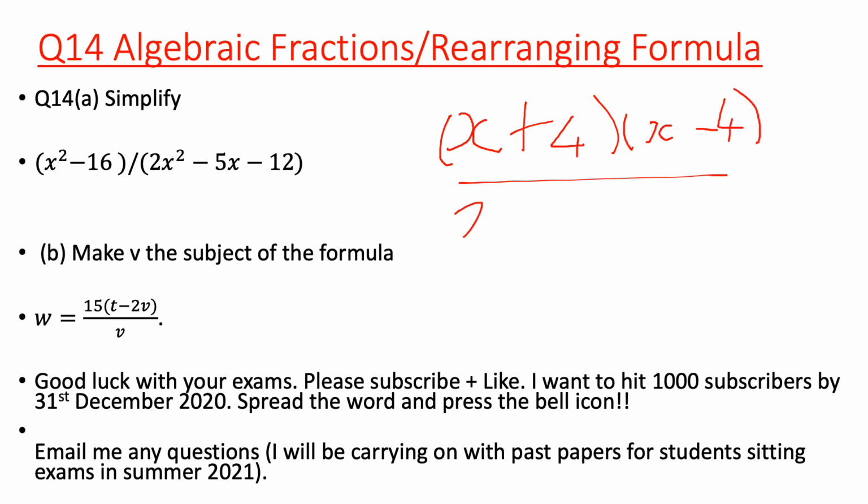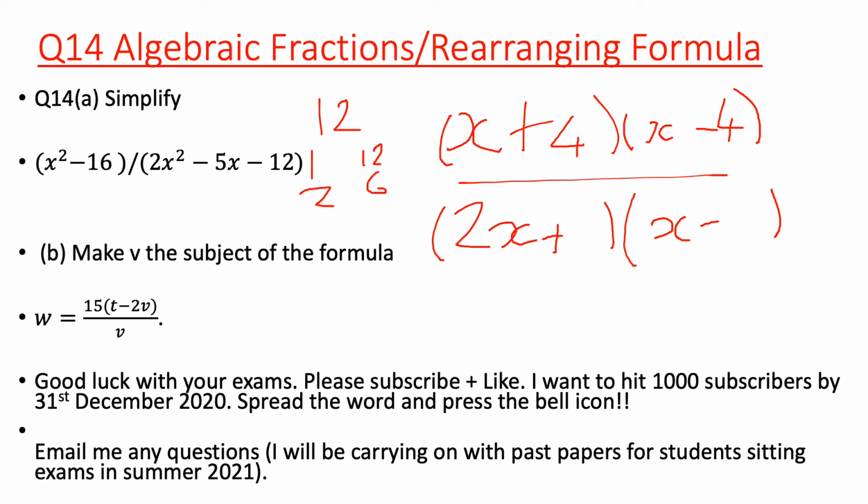Divided by, factorizing this, I'm going to get 2x plus something, and then x minus something. So factors of 12 are 1 and 12, 2 and 6, 3 and 4.